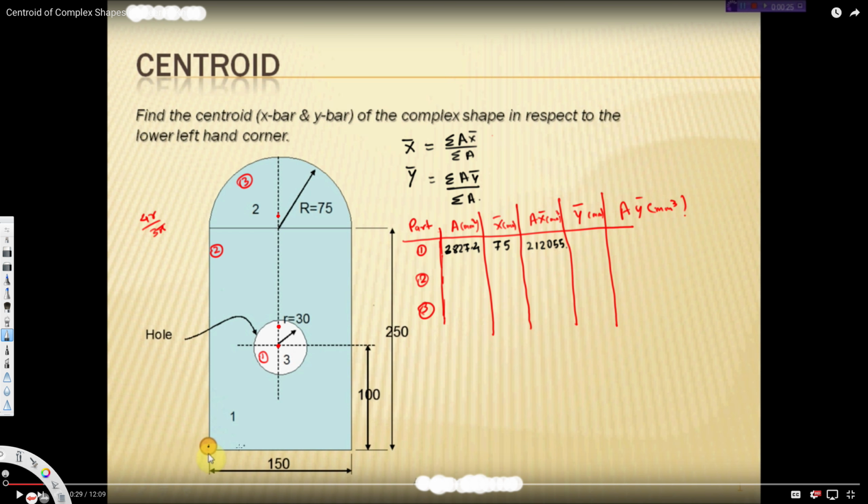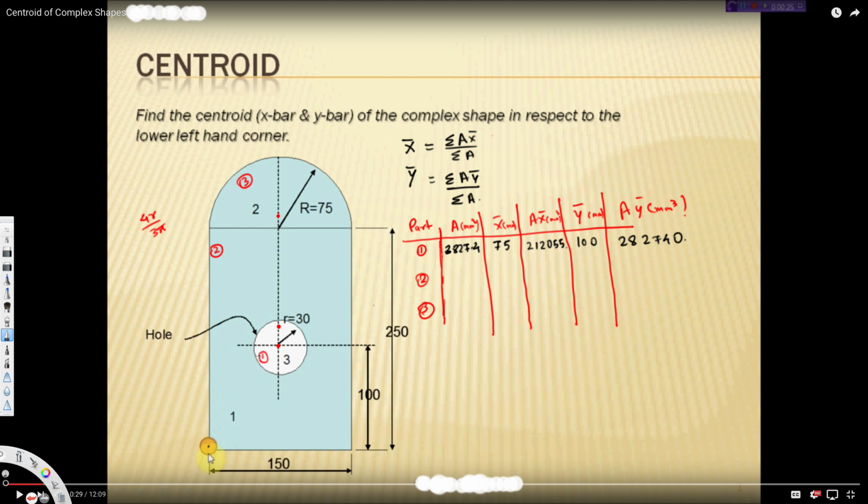The y bar is going to be the height from this one, and it's given here, it's 100, so we can directly put 100. If you multiply this with A, you're going to get 282,740. So this is A y bar.